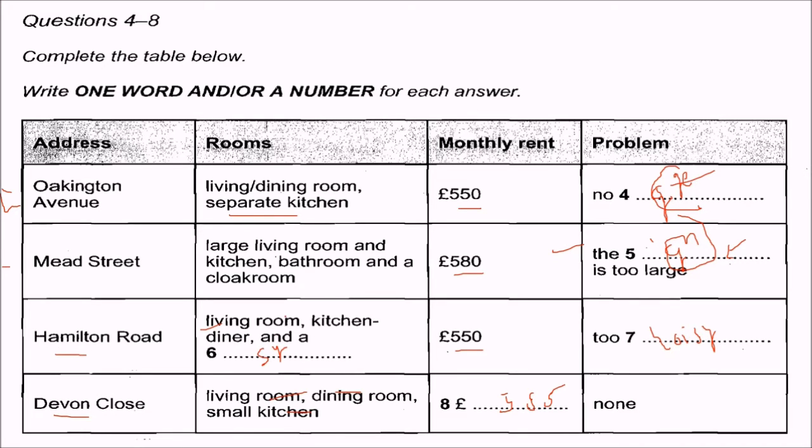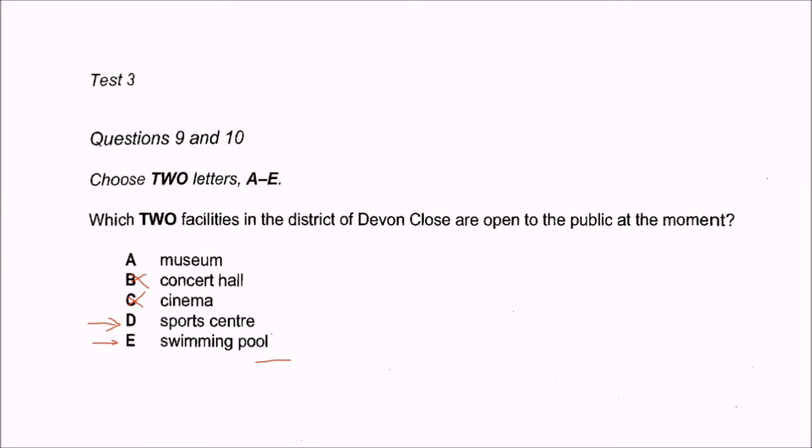Then Hamilton Road: living room, kitchen diner, and a study. So it is study, 550, and this is too noisy. That was being told. And about Devon House: living room, dining room, small kitchen, and the amount was 595. In the conversation we have heard, I tried to highlight that the sports centre is not ready.